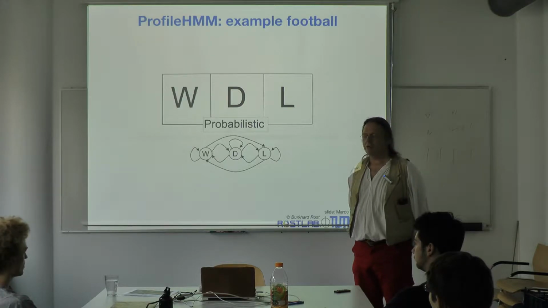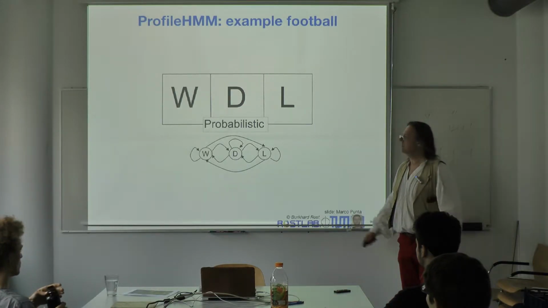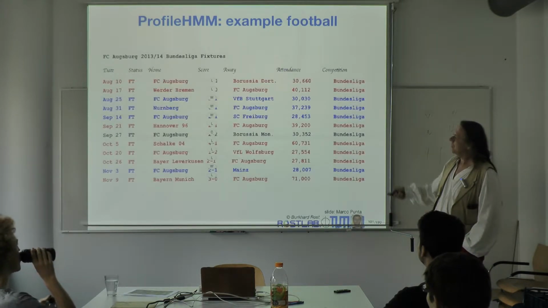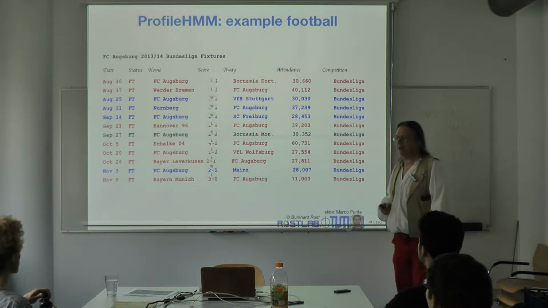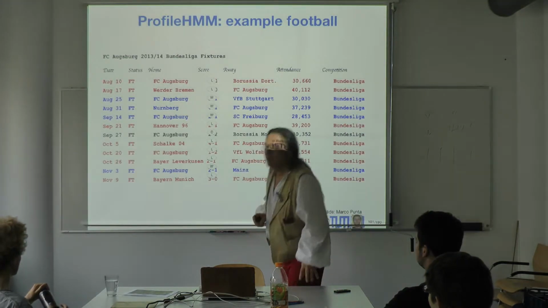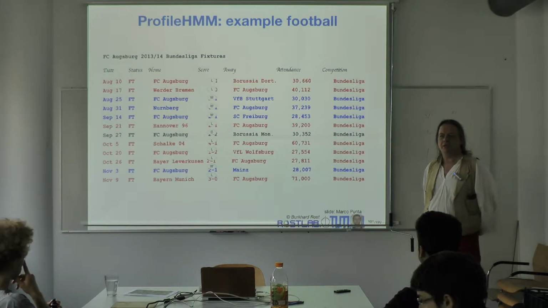Exactly. You look at the overall numbers, and then you simply take how often they lost, what's the fraction of losses, and you look at the entire table. This is the entire table, and you compile the transition probabilities.